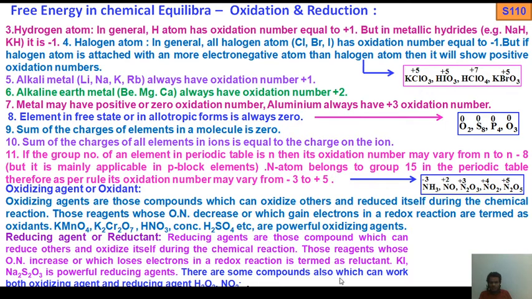There are some compounds which show both oxidizing and reducing behavior, that is H2O2 and NO2 minus. So reducing agents are those compounds which can reduce other substances but are themselves oxidized.